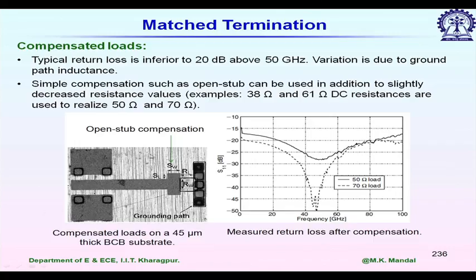So, in this example, it is realized in a 45 micrometer thick BCB substrate. You can see the top plane metal, we have a CPW line basically, and this black rectangle shows a rectangular metallic via that connects the top plane metal with the bottom plane metal, and you can identify the central conductor.